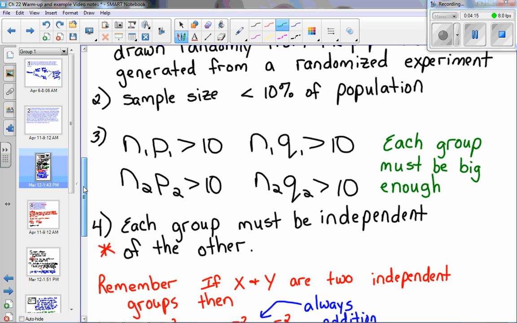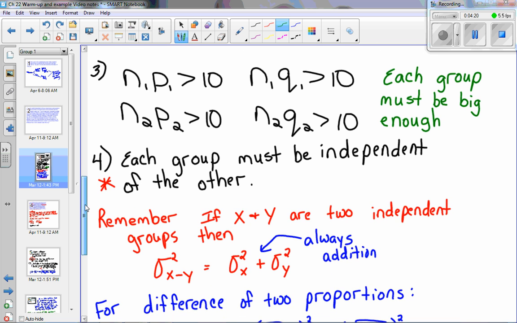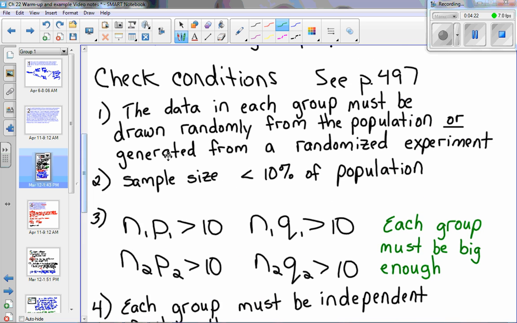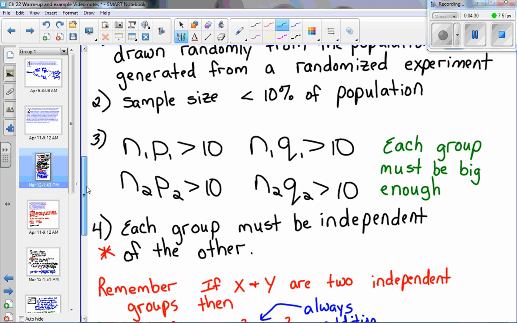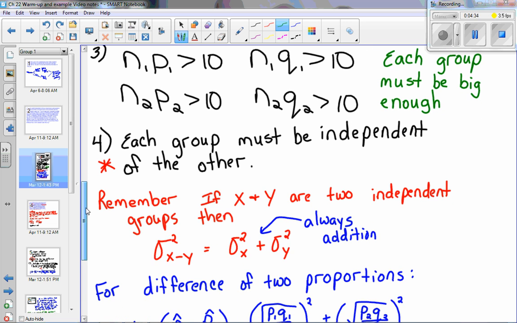And this other one, which is extremely important: each group must be independent of the other. Now, up here, when we talked about randomly, that would ensure that each subject was independent from the other subjects. But when you have two proportions, it's important that each group be independent.